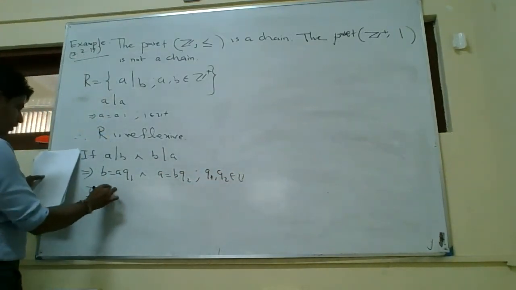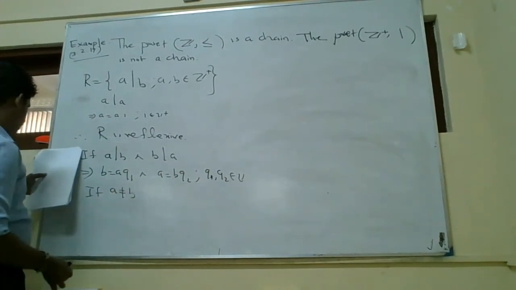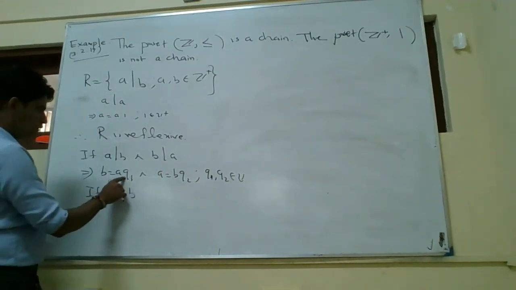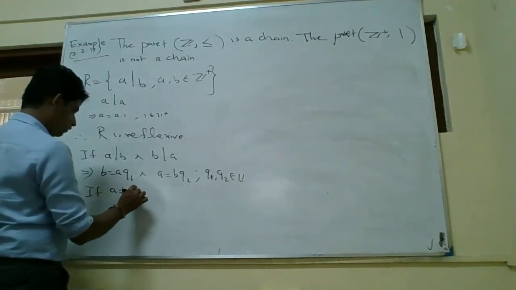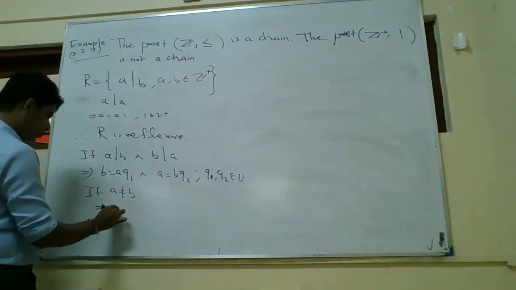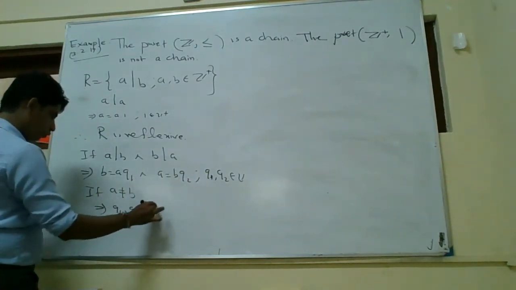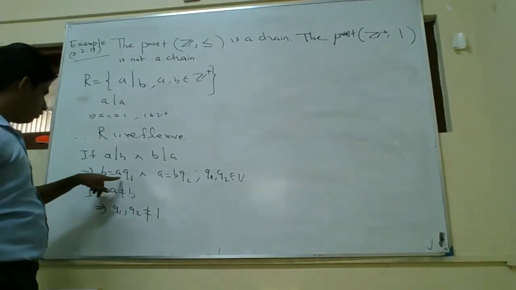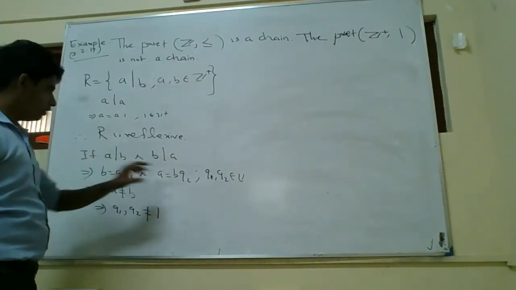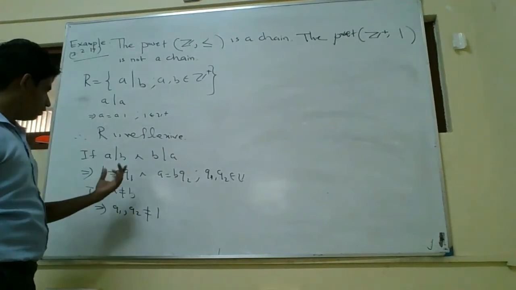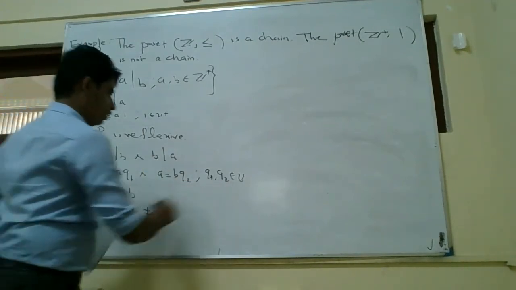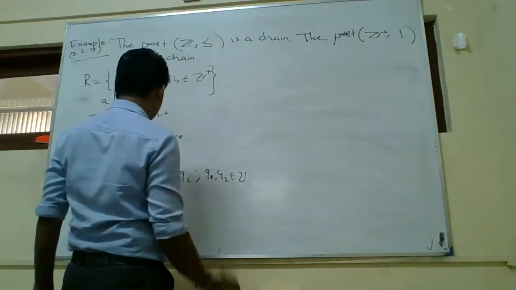If you take A not equal to B, then Q1 and Q2 are not equal to 1, important. Because A equal to B means only Q1 should be 1 and Q2 should be 1, but here A is not equal to B. Therefore Q1 is not equal to 1 and Q2 is not equal to 1, but they belong to integers.